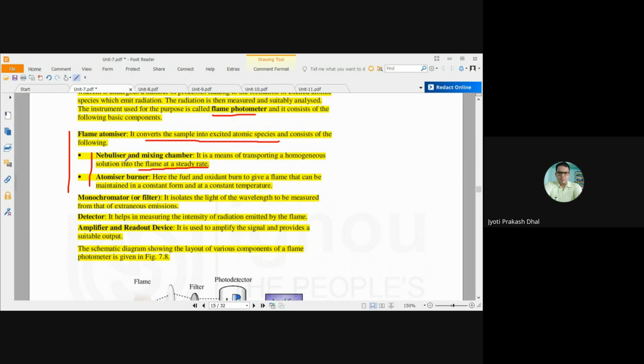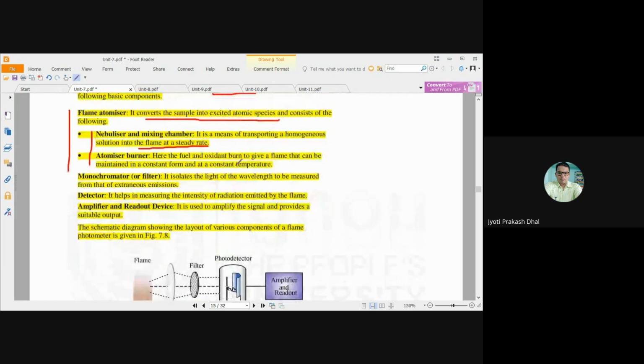So the function of the nebulizer and mixing chamber is to transport the homogeneous solution into the flame at a steady rate, and after that the atomic burner. Here the fuel and oxidant burn to give the flame, which can be maintained in a constant form and at constant temperature.